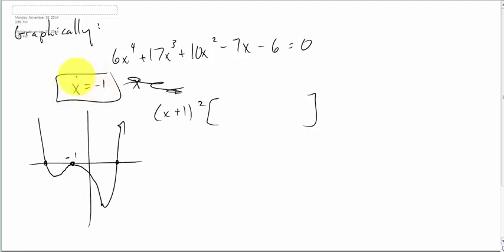We found this integer root that has multiplicity of 2. So what we can do is we can start using synthetic division. 6, 17, 10, -7, -6. We put our -1 out here.